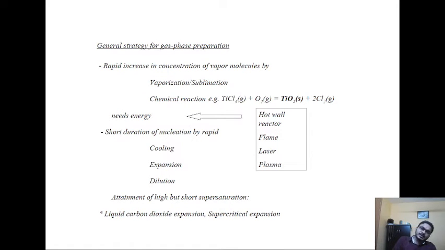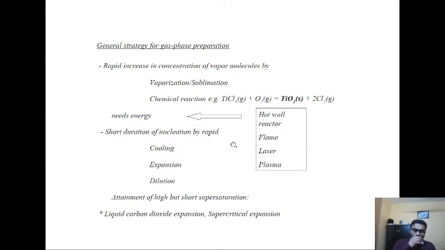And here a small example of a chemical reaction is also given. As you can see, TiCl4 in gaseous phase, then oxygen which is also in gaseous phase, and we obtain solid TiO2 and 2Cl2 gas. It requires energy, and this energy is obtained from a hot wall reactor, flame, laser or plasma.